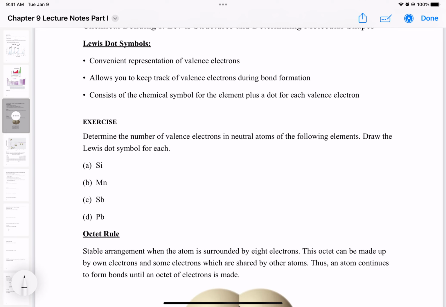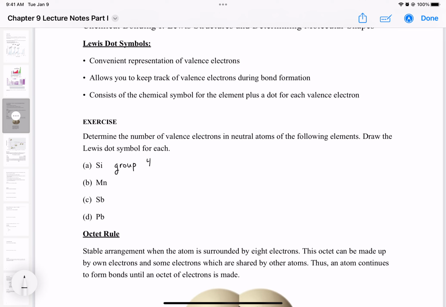The key to figuring out how many valence electrons each element has is to go to their group number. So if we go to silicon, we see it's in the same group as carbon, so it's in group 4A.